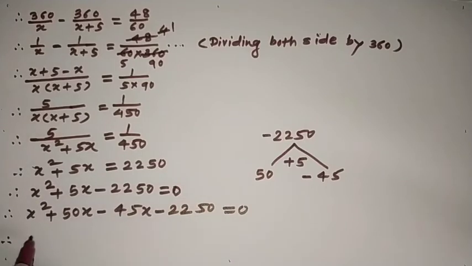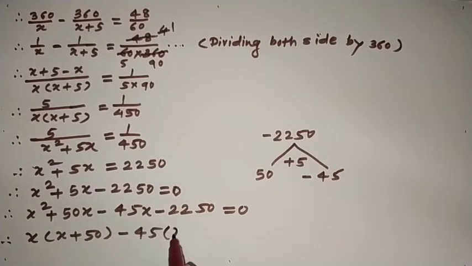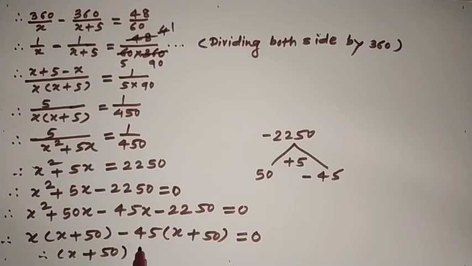Taking the common factor, x plus 50 and minus 45 in bracket x plus 50 is equal to 0. Therefore x plus 50 into x minus 45 is equal to 0.